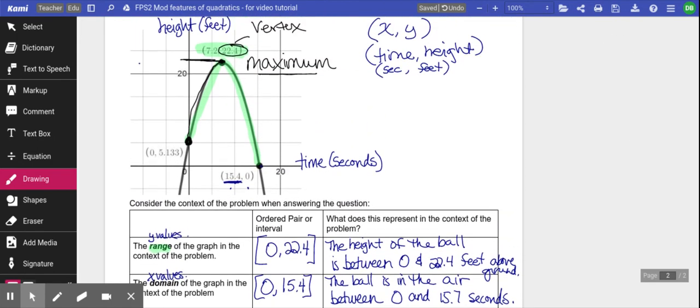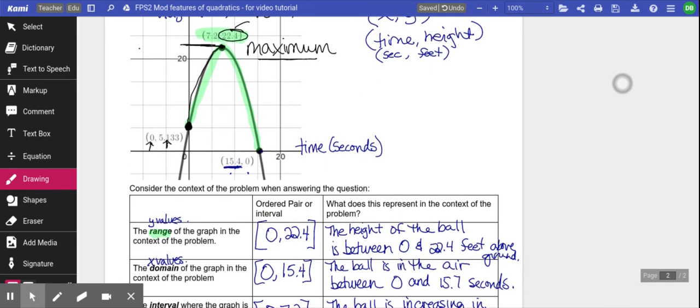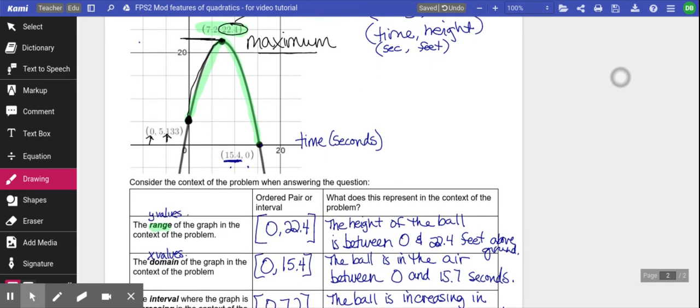So thinking about the context of our problem, what does this y-intercept mean? Well, time, height. So this is saying when our time is 0, our height is 5.113. So we could think of that as the initial time, or I'm sorry, the initial height.